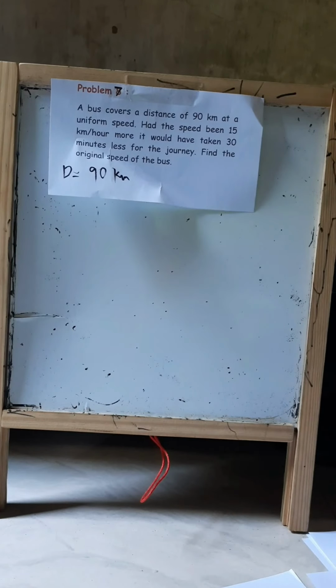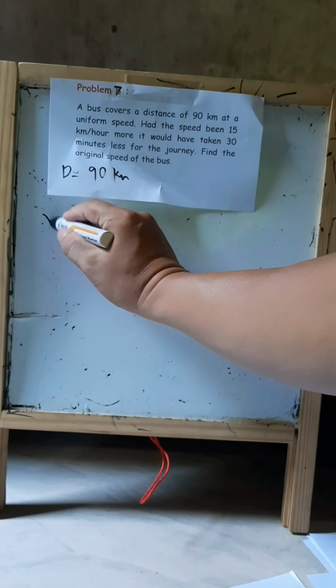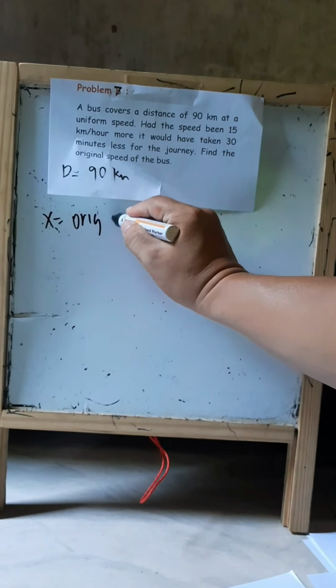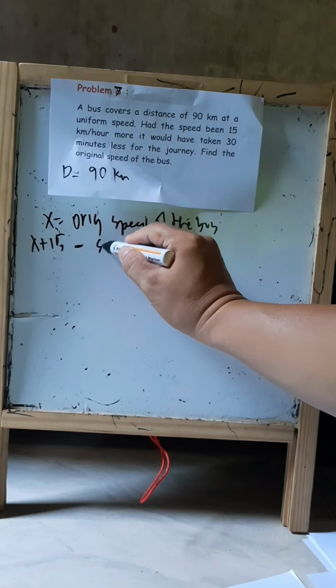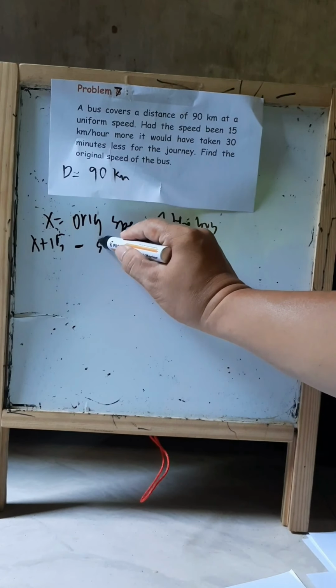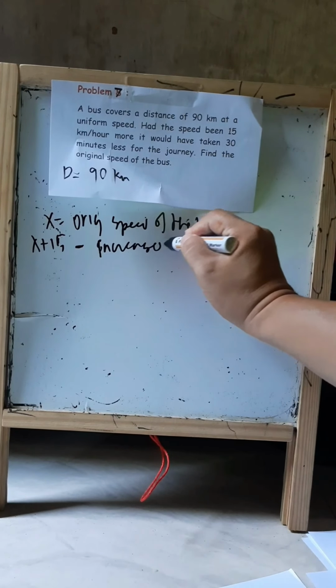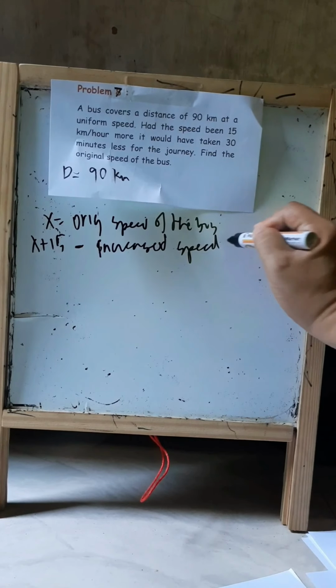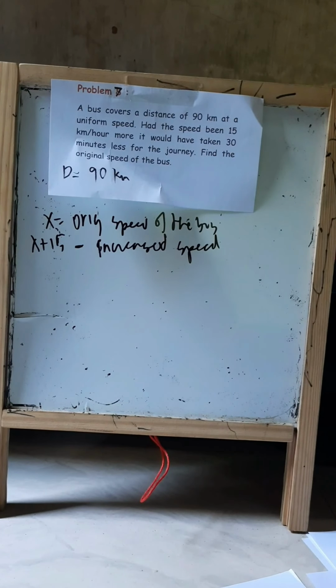Let x be the original speed of the bus. Then the increased speed of the bus is x plus 15.